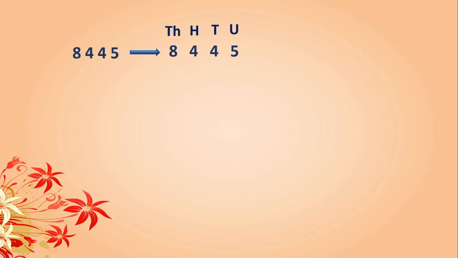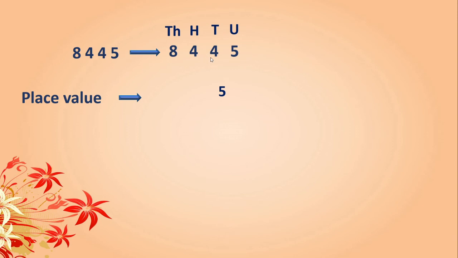This we know. Okay. Now the value of 5, which is in unit place, the value is how much? 5, isn't it? The place value of this digit, that is 5, is 5 because it is in unit place, and we multiply 5 by 1 because it is in unit place, isn't it?